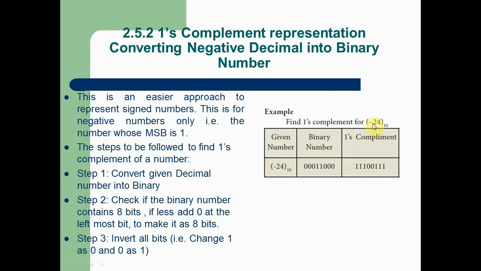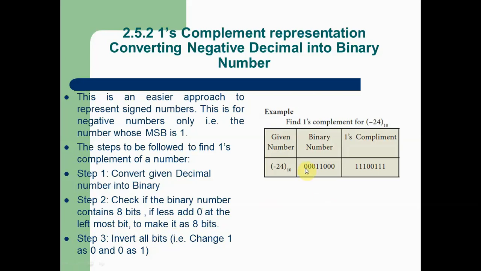After converting the given number into binary, check if the binary number contains 8 bits. When you convert 24 into binary, check if it contains 8 bits. If less, add 0s at the leftmost side to make it 8 bits. After adding the 0s, go to step 3 and invert all the bits. Simply convert 0 into 1 and 1 into 0.